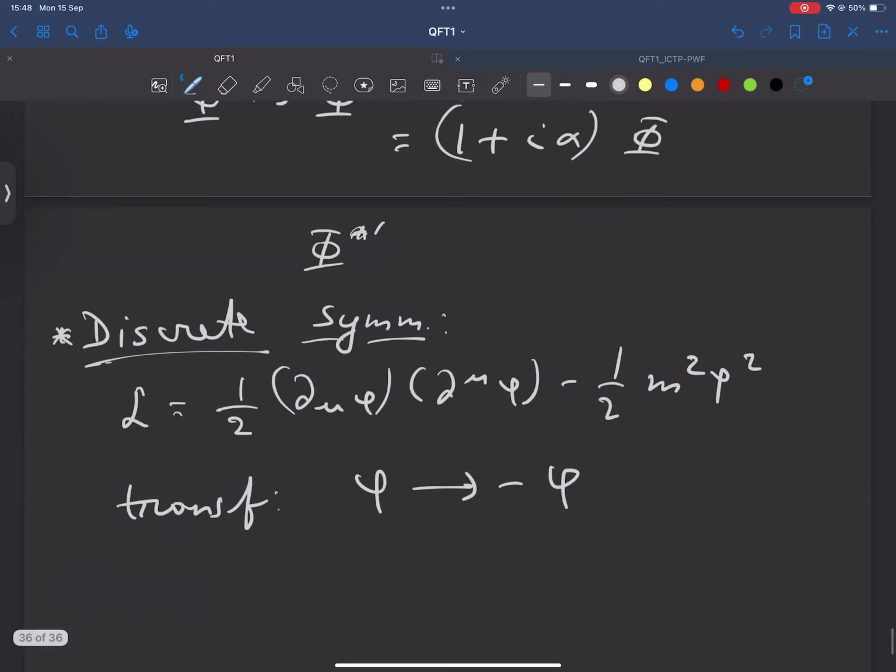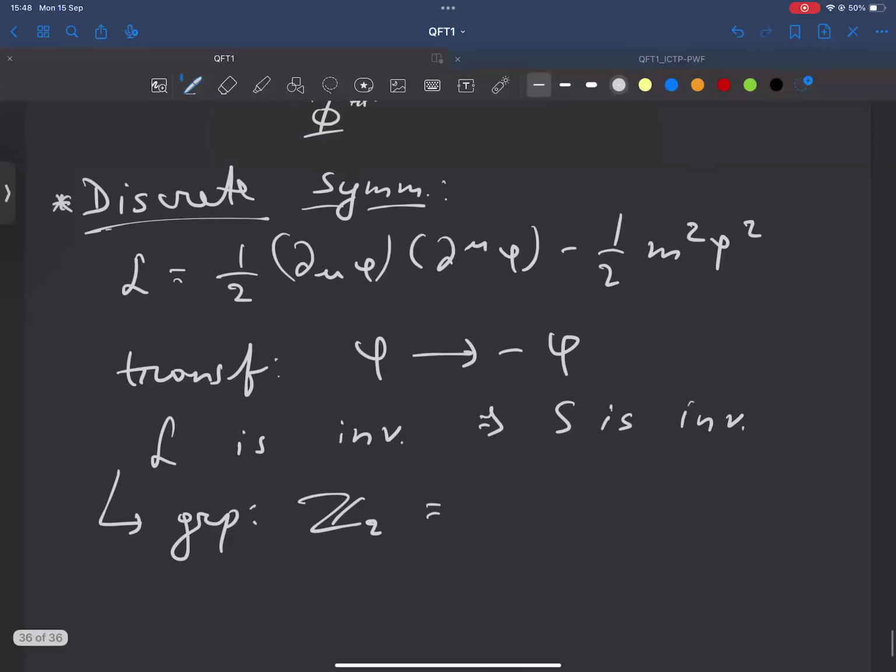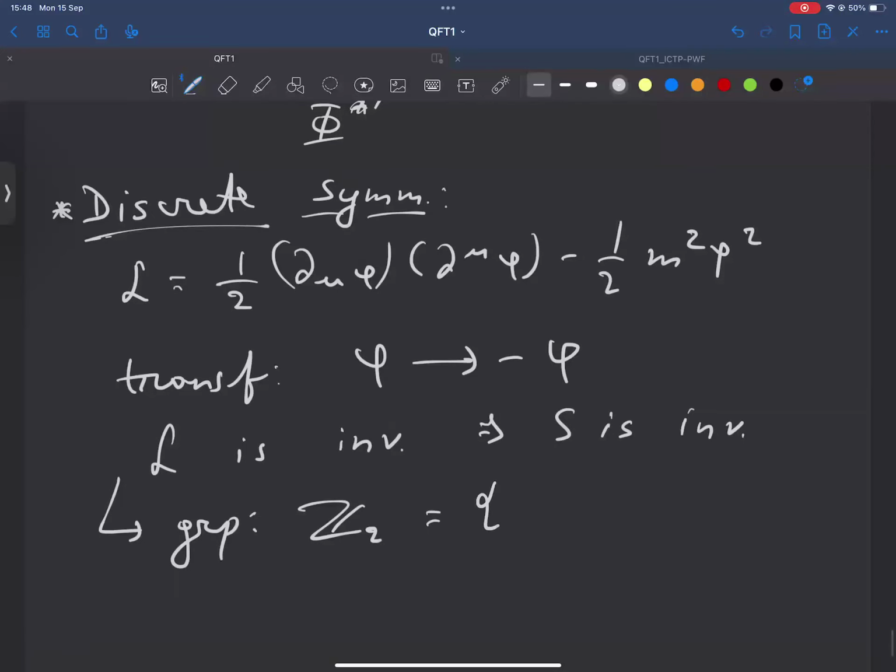If you do that, then L is invariant under this. And because L is invariant, that means S is also invariant. So this is indeed a symmetry. Now, the group for this symmetry is what is called a Z2 group. Let's not go into the terminology much, but it's a group made up of two elements, 1 and -1, and the group operation is just multiplication.